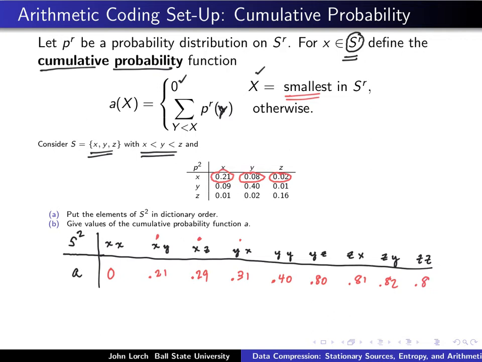I think it would be worth your while to make sure that I've done this correctly. For instance, for ZX, make sure that if I add up the probabilities of all of the preceding strings, not including ZX, that I wind up with 0.81.